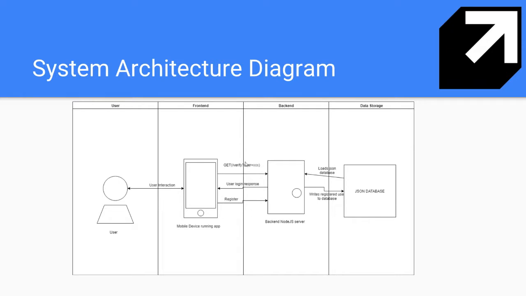It sends across a username and then the backend server responds with the username and the hashed password associated with the account, and then the client will do the authentication. Also, if you want to register, you have to send requests across to here, which then takes the request and verifies if it's allowed or not, and then writes it to the database. And also the backend server loads all the data from this JSON database, which it then sends across to the user.